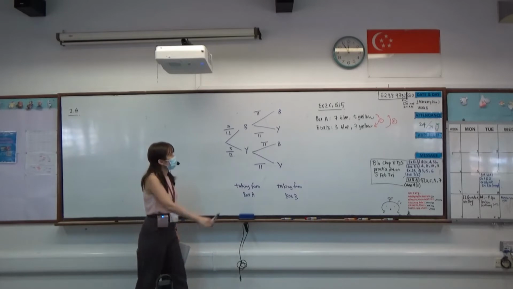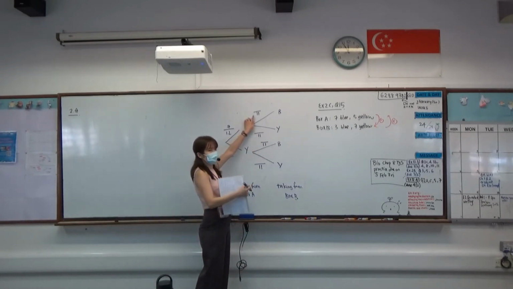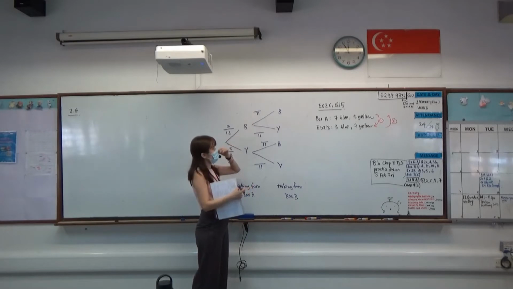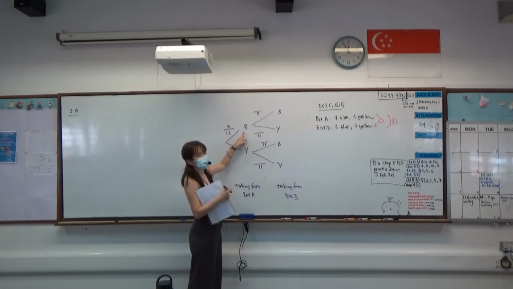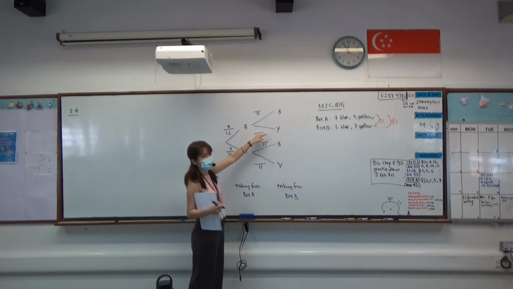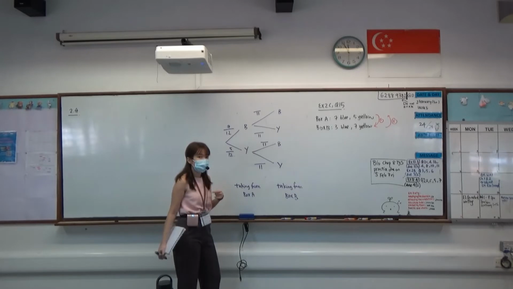Right? If I had taken the blue one and placed it into box B, what do you think is the probability going to be over here? Nicole, what do you think? If I take one that's blue and I put it into box B, now I'm taking one out of box B. How many blue balls will there be in the box now? In box B? You understand the context of the question? 6.